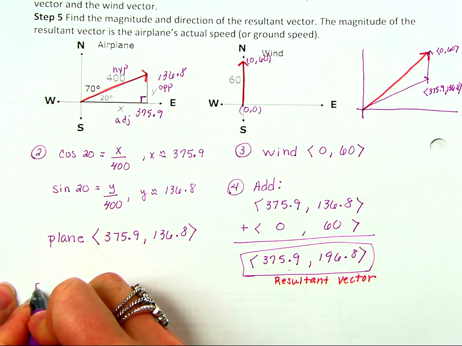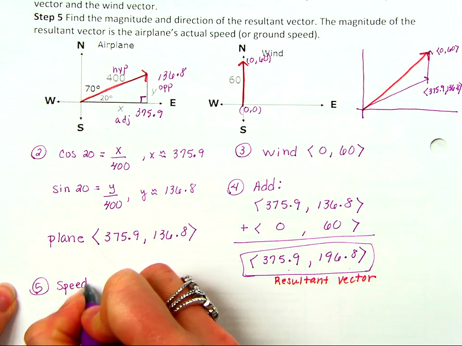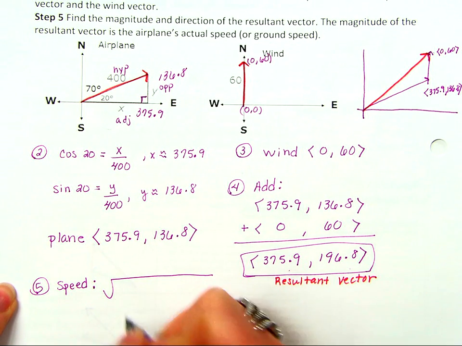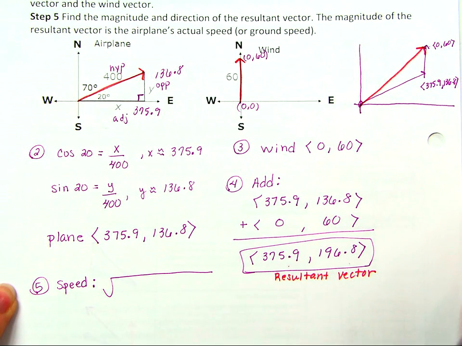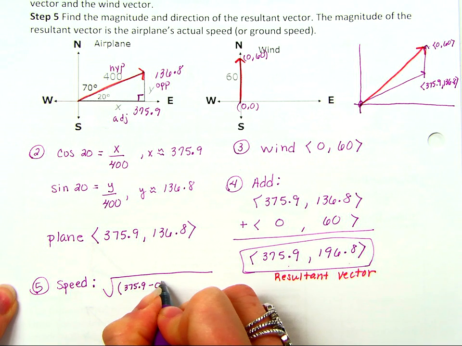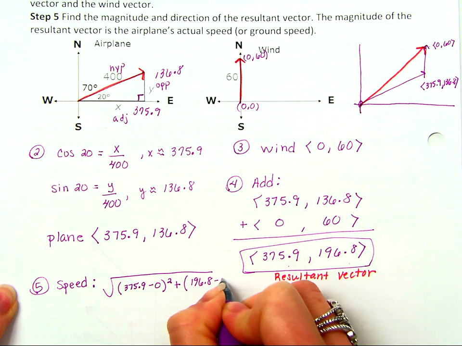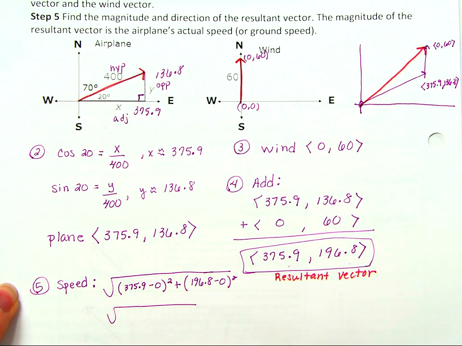So in step number 5, I want to calculate the speed. I know I want the length, so I'm going to use the distance formula. My initial starting point here is 0, 0. So I take 375.9 minus 0, quantity squared, and 196.8 minus 0, quantity squared. Sometimes people don't write those zeros in. I wanted to write them in so you were clear on where I was getting my numbers.